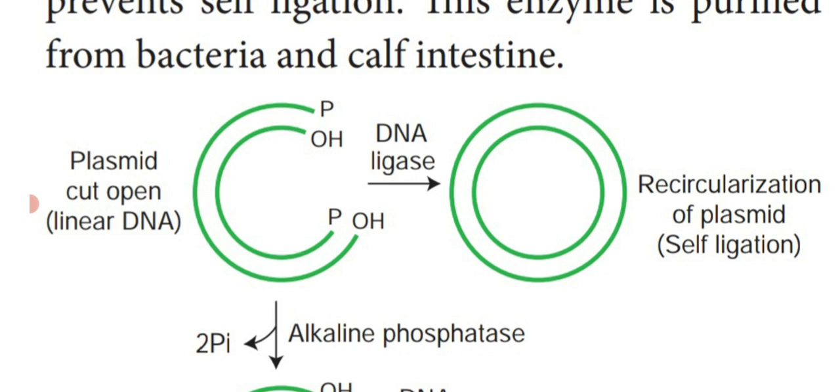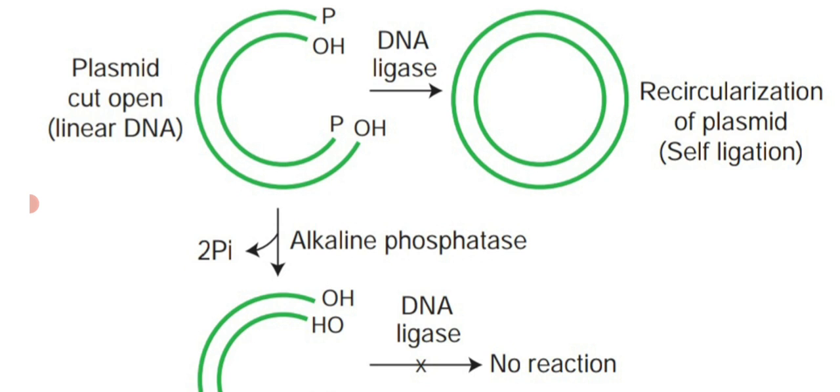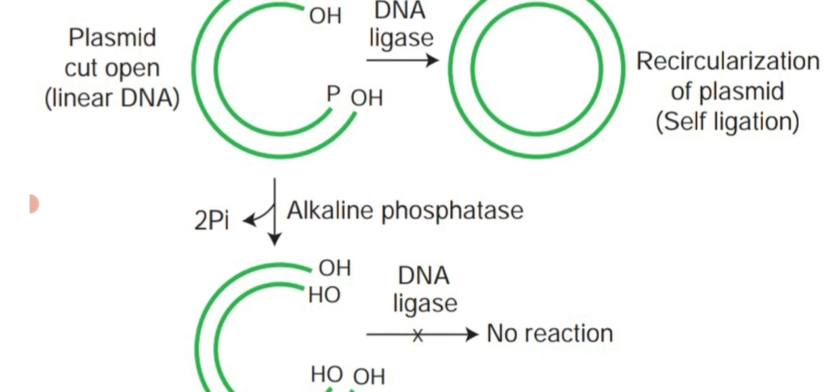So now recircularization of the plasmid takes place by self-ligation, isn't it? That should be prevented by removing the phosphate group by the enzyme alkaline phosphatase.